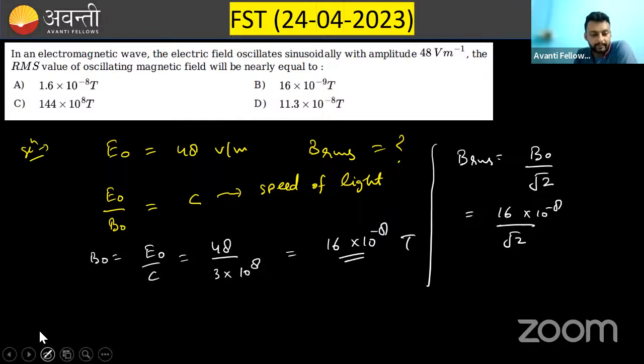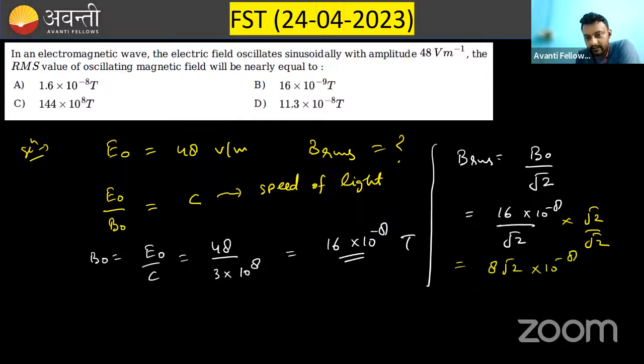You can solve it. If I rationalize it, it will become 8 root 2 into 10 to the power minus 8. That is 8 into root 2, which is 1.41, into 10 to the power minus 8.